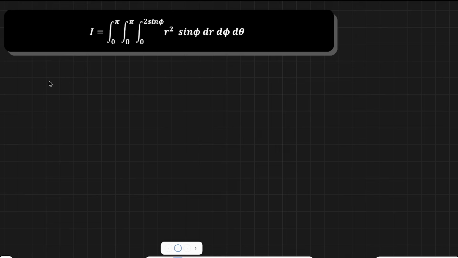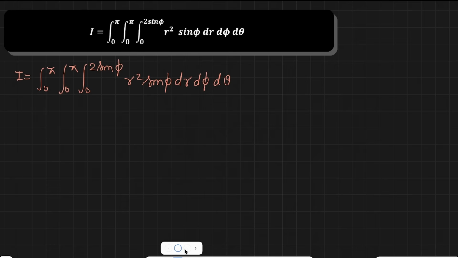Again same: it is 0 to pi, 0 to pi, 0 to 2 sine phi, and it is given r square sine phi dr d phi d theta. Now see, this is the limit of r, this is the limit of phi, and this is the limit of theta. First you integrate with respect to r.